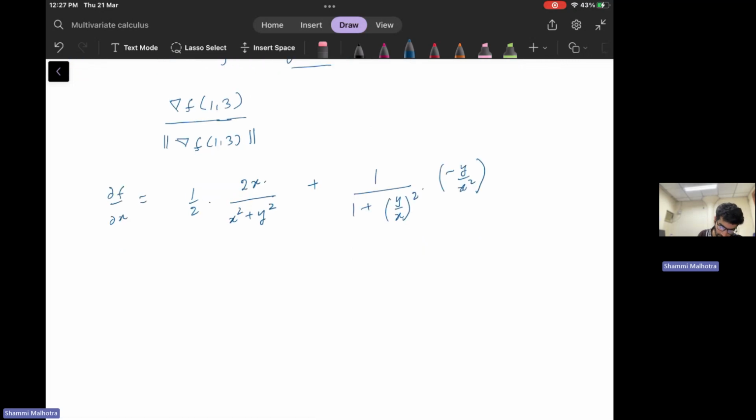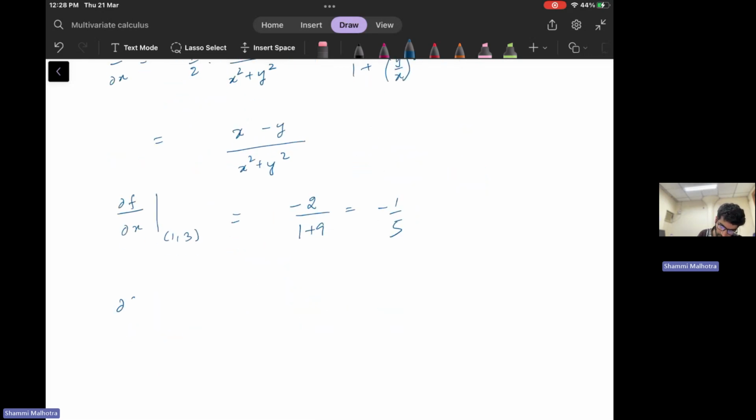So this is nothing but (x minus y) over (x squared plus y squared), and I have to evaluate this at (1, 3). So this is minus 2 divided by 1 plus 9, so minus 2 by 10, which is minus 1 by 5. Let's evaluate the partial derivative with respect to y.